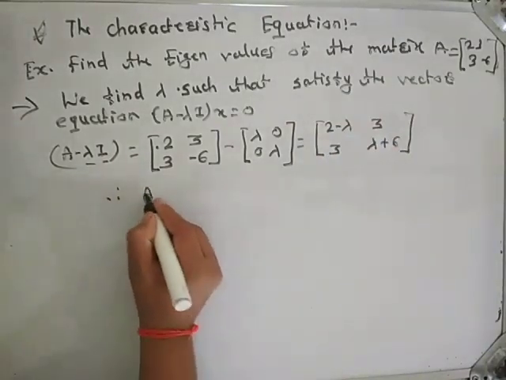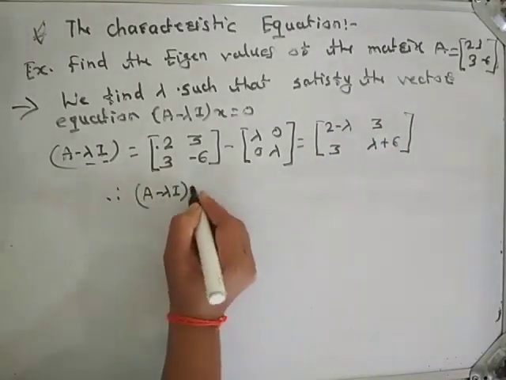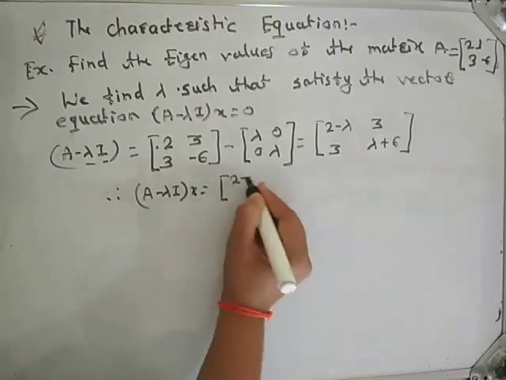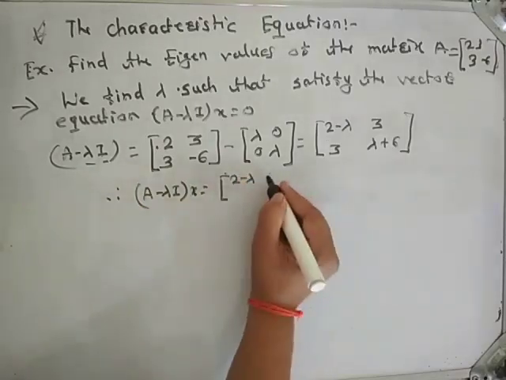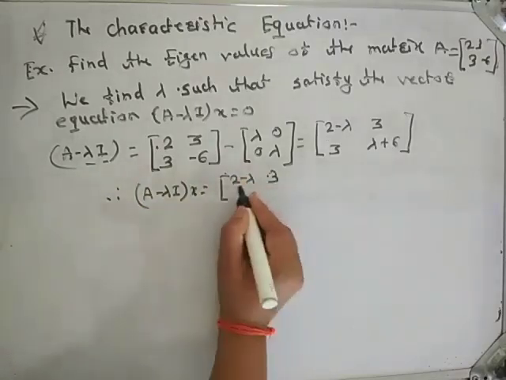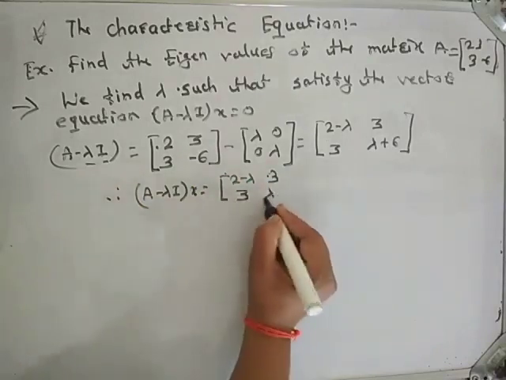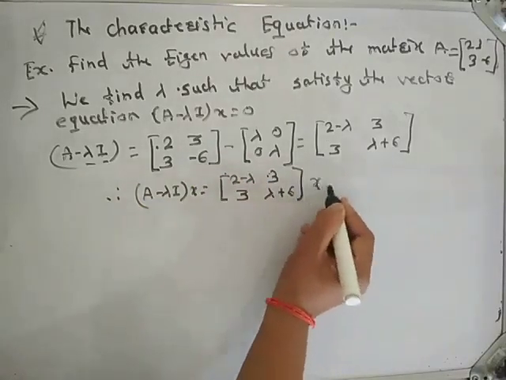So we get (A - lambda I)x = [2 - lambda, 3; 3, -6 - lambda] into x.